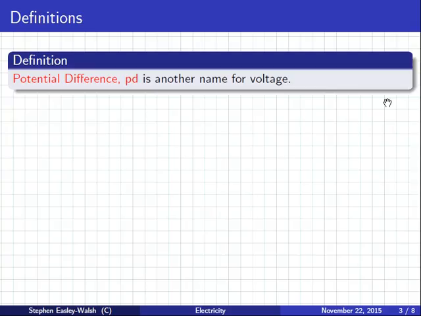I like voltage, but I should maybe say potential difference more often. So if you hear me say PD, potential difference, I mean voltage. PD for short means voltage. Got that? Yep.